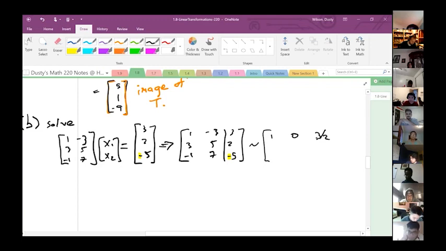And then 0, 1, -1.5, and 0, 0, 0. Something like that.